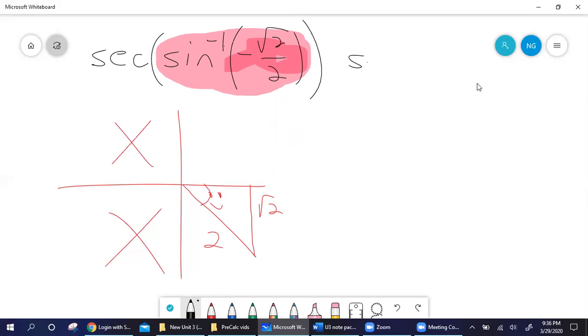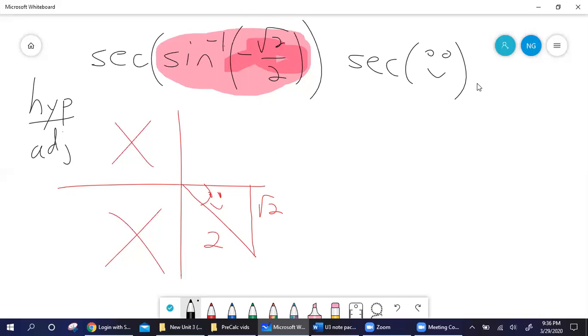So again, the answer to the pink highlighted stuff is whatever that angle is. So now I'm just doing the secant of angle happy face. Well, secant is the flip of cosine. So secant is hypotenuse over adjacent.